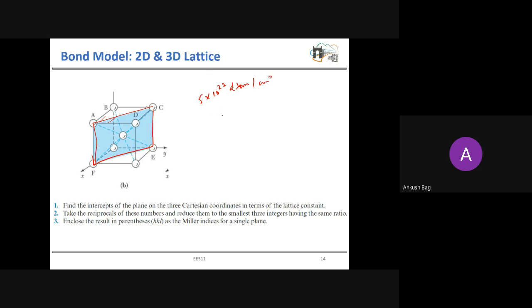Now there is also a concept of how many atoms will be there at the surface. Whenever we discuss a plane, if I ask you to calculate how many atoms will be there per centimeter square for the ABCD plane, it will differ.